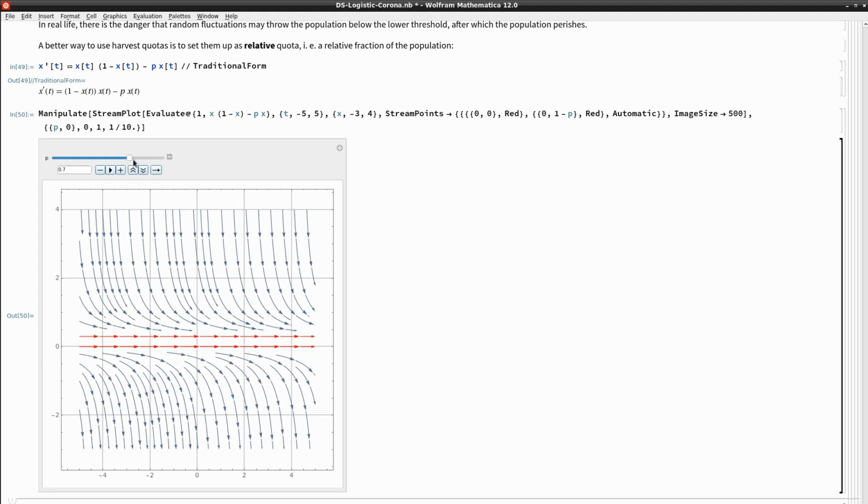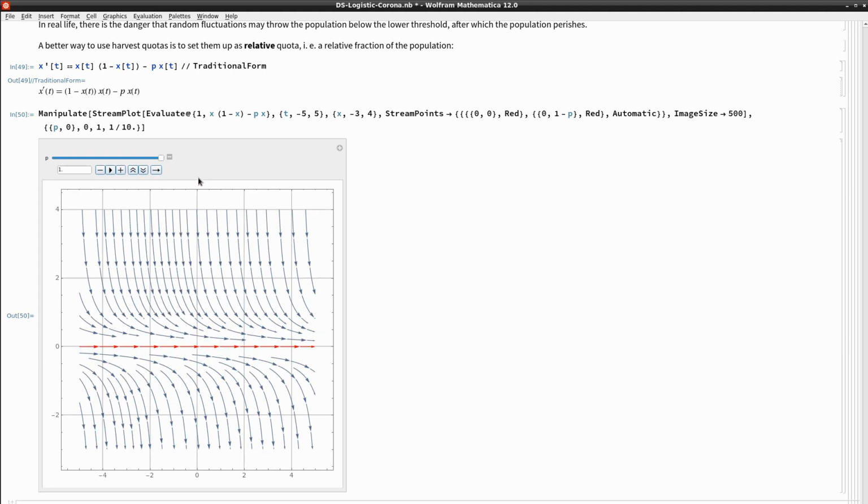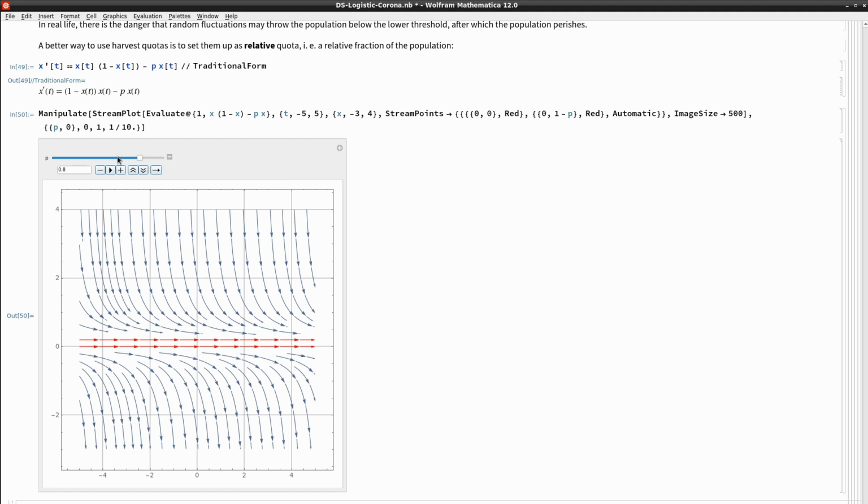But we cannot harvest more than what we have, so there's an upper limit of 1 for p. We cannot go beyond 100%, we cannot harvest more than what we have. And then we are reaching this critical point here that we had before, where it's just barely possible to maintain an equilibrium. But this means we have to stay at 100% or below, and 100% is already fairly large.